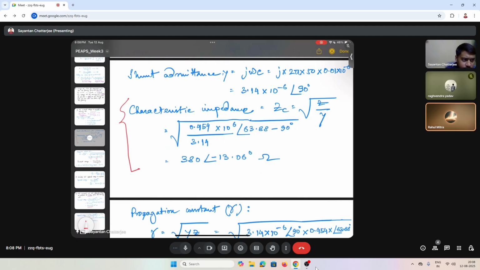Sir, one question. At rated load, let's say we are given a certain power angle, and then it is operating at half the rated load. It does not necessarily mean that the power angle will also become half, right? We have to do the calculation in the reverse way to find out the power angle.